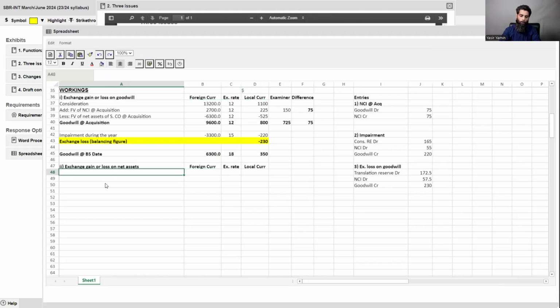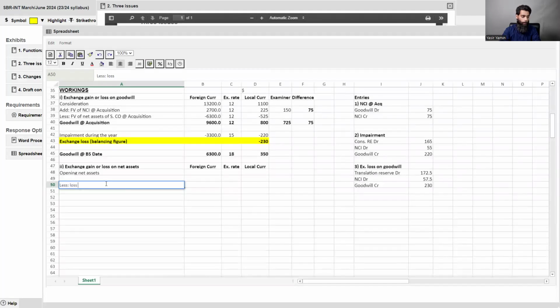The format was you take opening net assets, less the loss for the year, less dividends, and then you arrive at closing net assets. Is it clear to everyone?